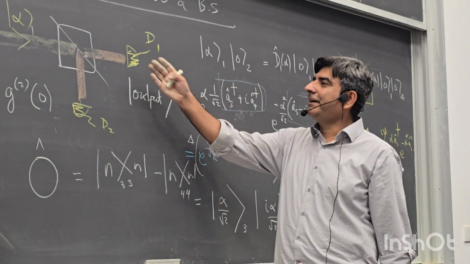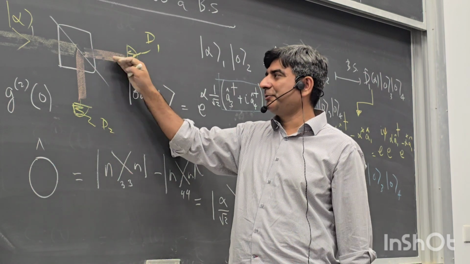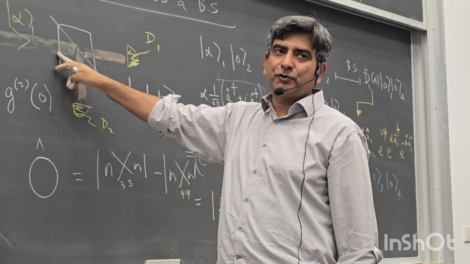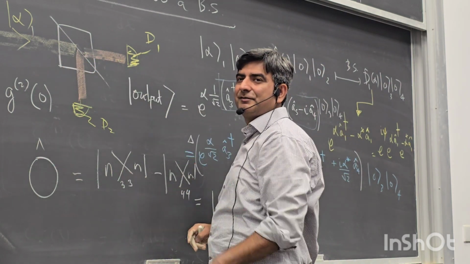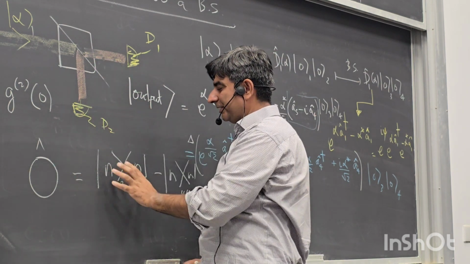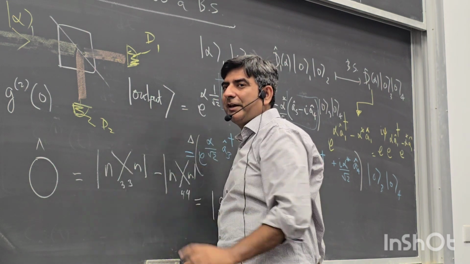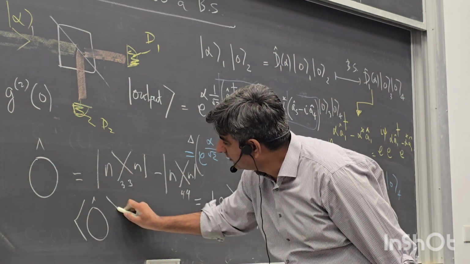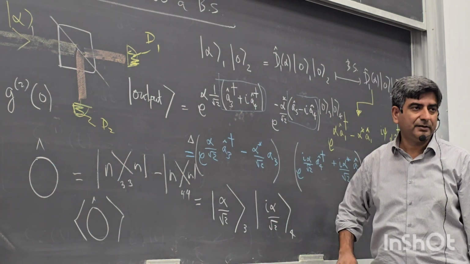So this tells us the relative difference between the counts on the two channels. For a single photon state, we know that this is either plus 1 or minus 1. Right? So perfect. If this is 1, this is 0. This is 0, this is 1. But for a coherent state, if I were to find out the expected value of this operator for this output state, what would it be? 0.